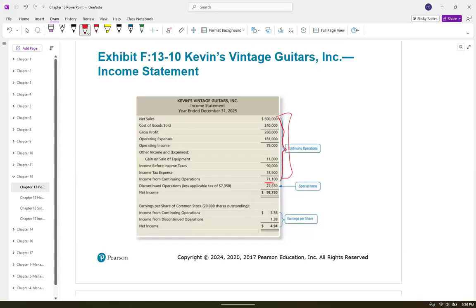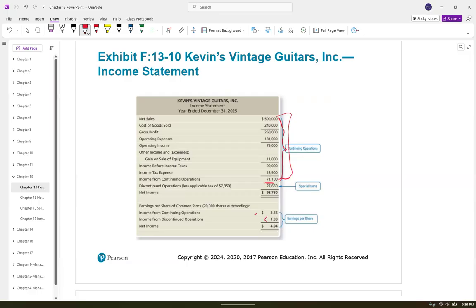We pulled that out. It's a special item. Yes, it does affect net income, but at least we can see what the continuing operations are. We have these subtotals as the income statement gets a little bit more elaborate. And then you can see we had earnings per share on that income from continuing operations, and then we had it for the discontinued operations.